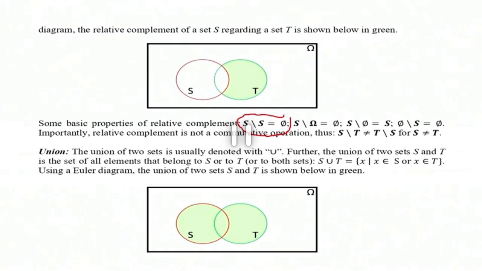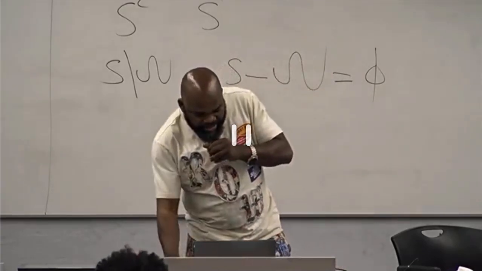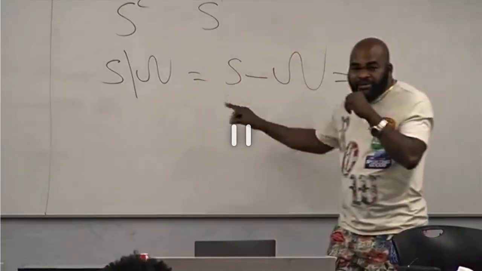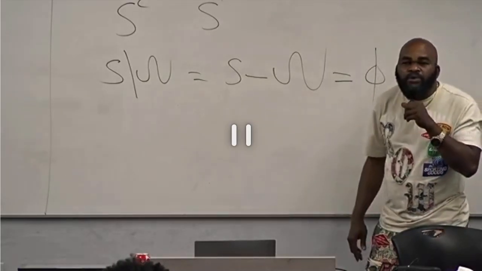But what if, in a situation, take a look at this. You know what that means? S relative to the universal set is the same thing as S minus the universal set. Now, why do you think I said this is equal to empty? Don't forget, this set is inside that set.